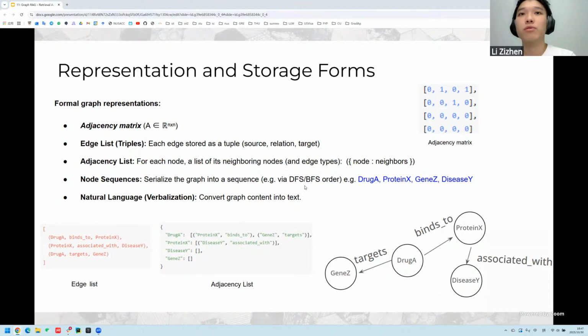For example, if you use depth first search, it will go from drug A to protein X to gene Z and disease Y. However, this process is usually irreversible. You can also store it in natural language. For example, you can just describe it using plain text, such as drug A targets gene Z.